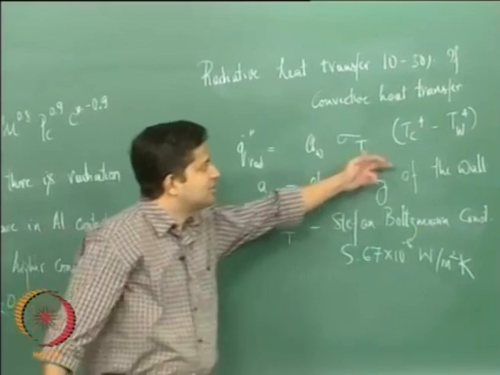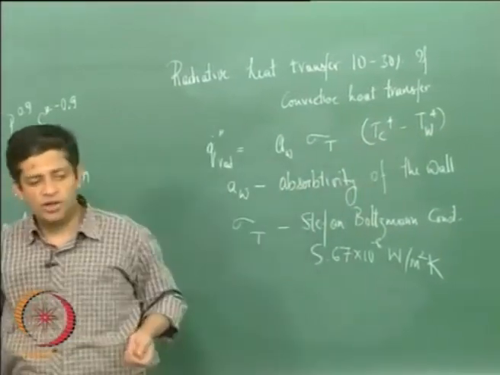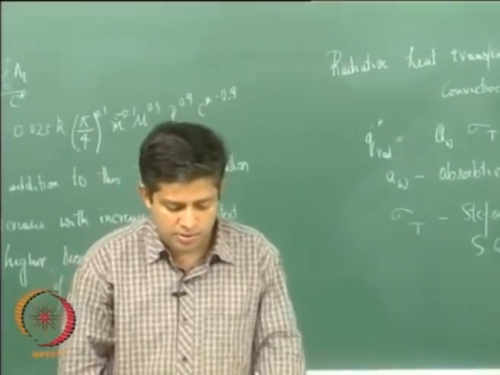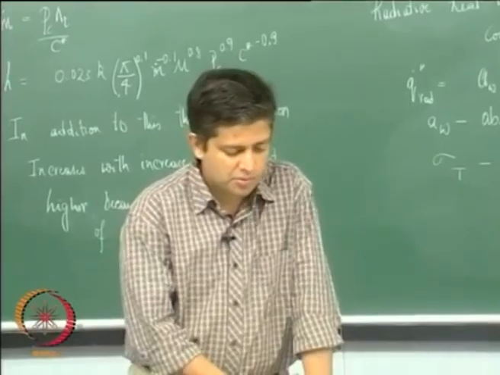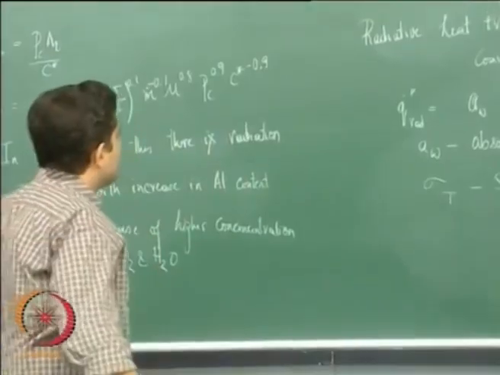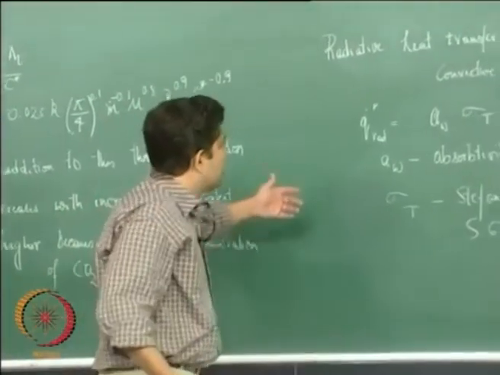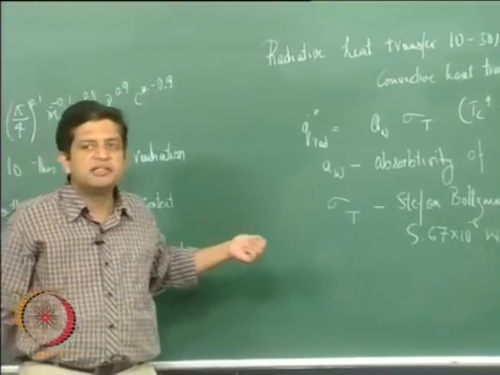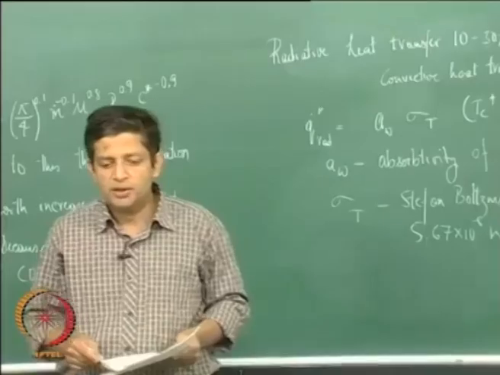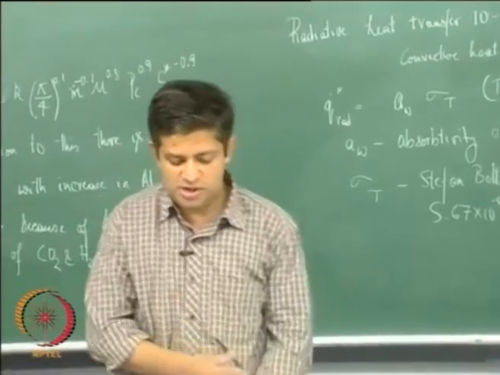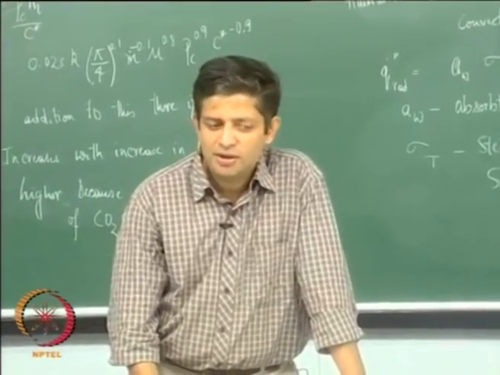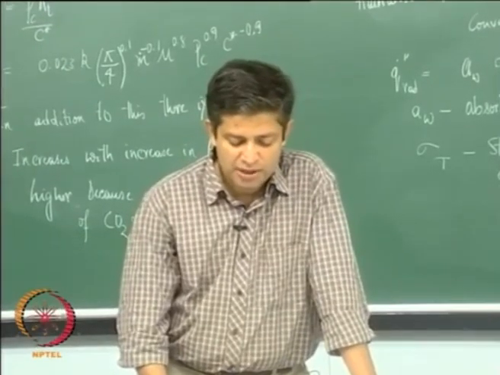T_c is the chamber temperature and T wall is the wall temperature. Okay, so we have now realized that this is something like 10 to 30%, the higher being when aluminum is present. Okay. Now we have understood that the throat is the region of maximum heat transfer, and this requires cooling.